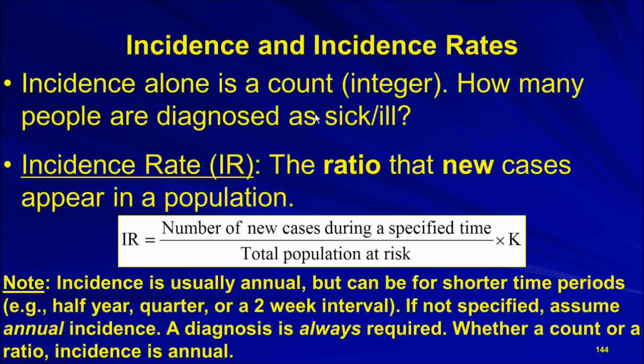For shorter time periods, it could be half a year, a quarter of a year, or a 2-week interval. If not specified, and this is what I'm trying to get across, assume annual incidence. A diagnosis is always required, whether a count, a ratio, or incidence is annual. It's always annual, whether a count or a ratio.